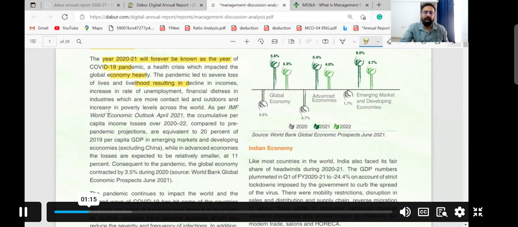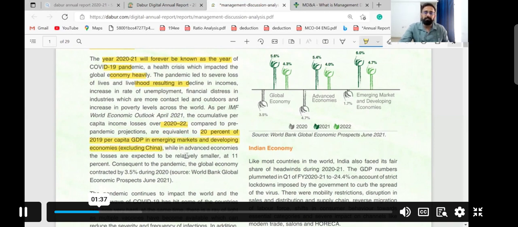As per the IMF World Economic Outlook, April 2021, the cumulative per capita income losses over 2022 compared to pre-pandemic projections are equivalent to 20% of 2019 per capita GDP in emerging market and developing economies, right? Excluding China. You know why they're excluding China.